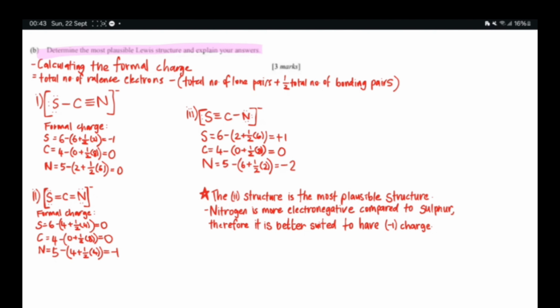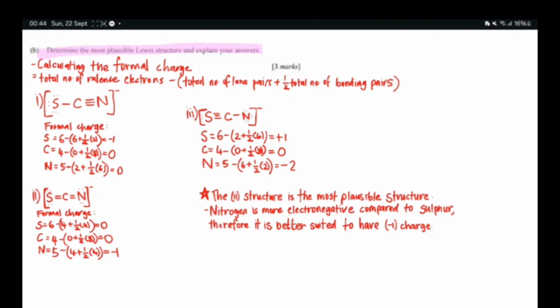Then for carbon, the 4 valence electrons minus 0 lone pair electrons in carbon, as you can see there are no lone pairs in carbon, plus 1/2 of 8 bonding electrons in carbon, and that would equate to 0. And then for nitrogen, the 5 valence electrons minus 2 lone pair electrons in nitrogen, plus 1/2 of 6 bonding electrons in nitrogen, and that would equate to 0.